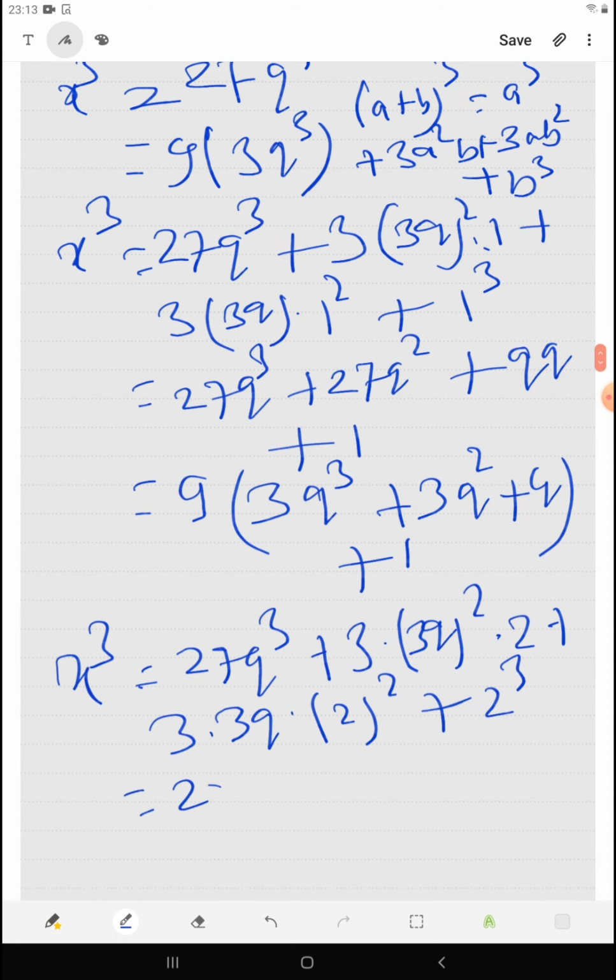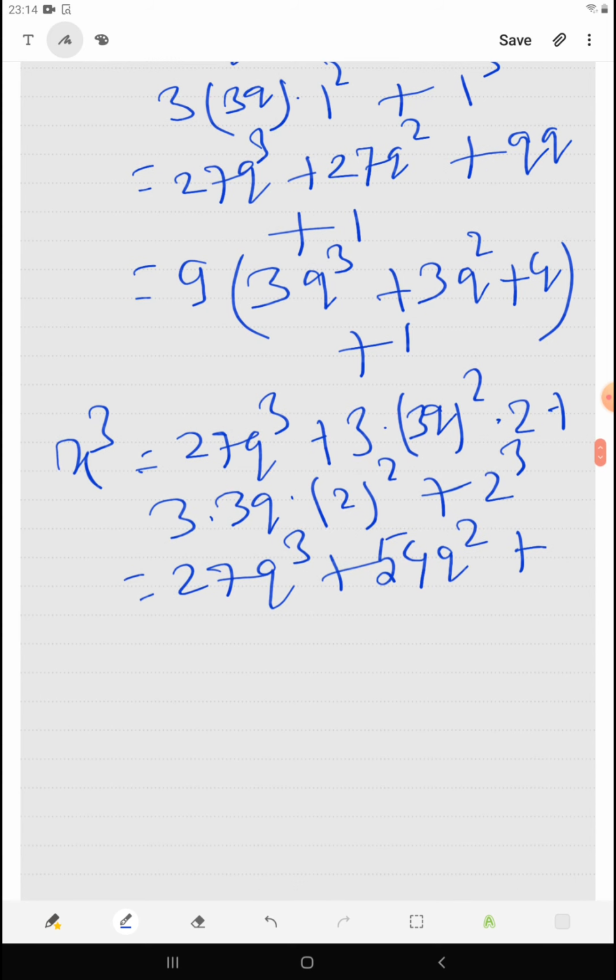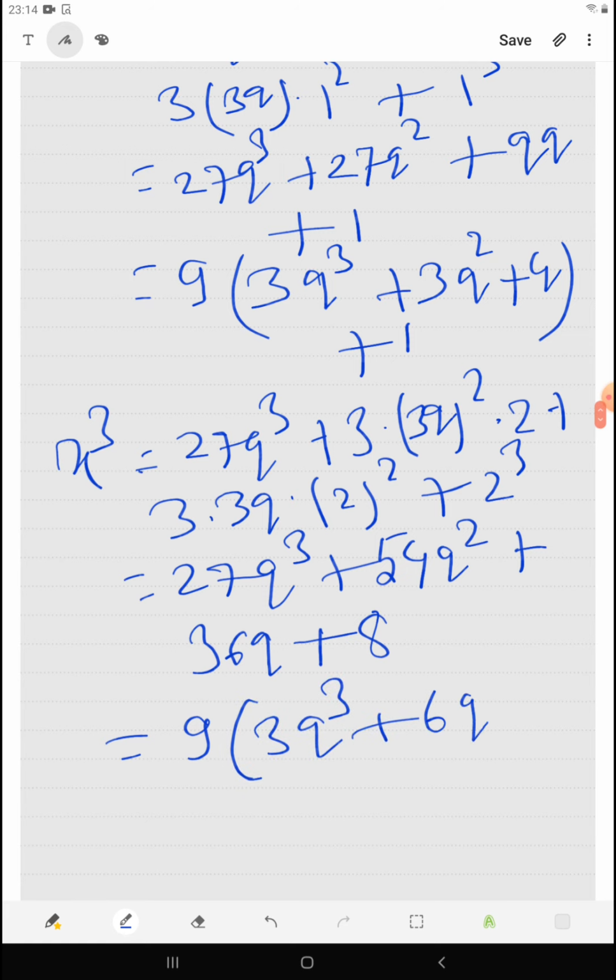So it will give me 27q cube plus 54q square plus 36q plus 8. So I will take 9 common again, and I will get 9 into 3q cube plus 6q square plus 4q, plus 8.